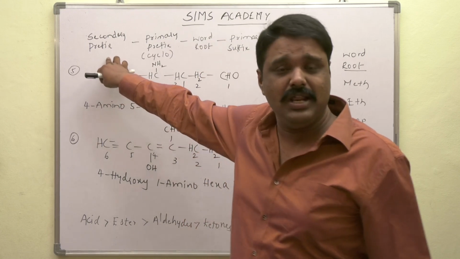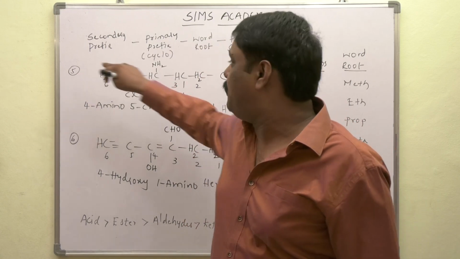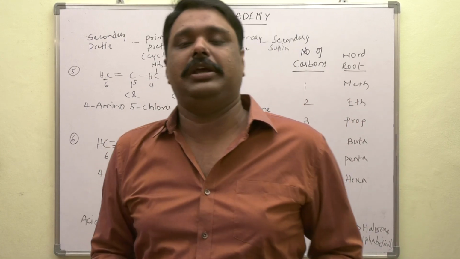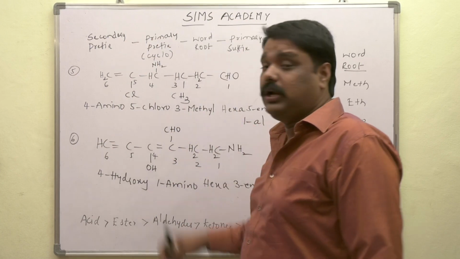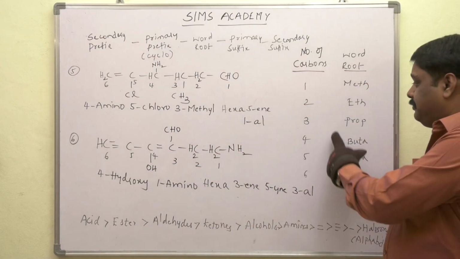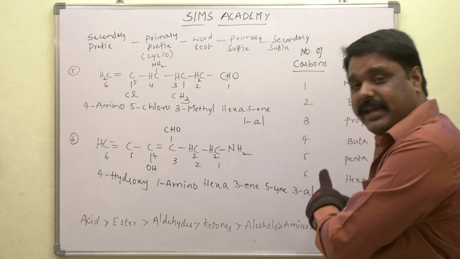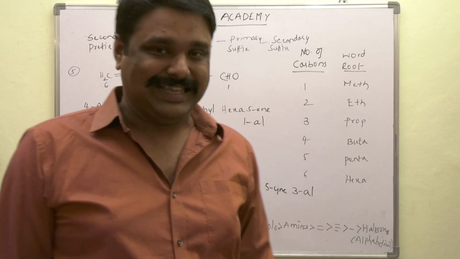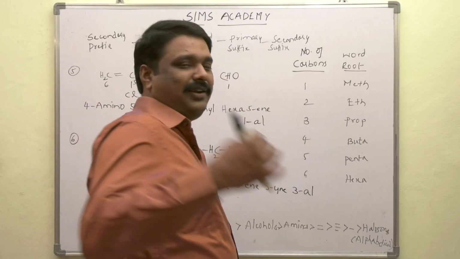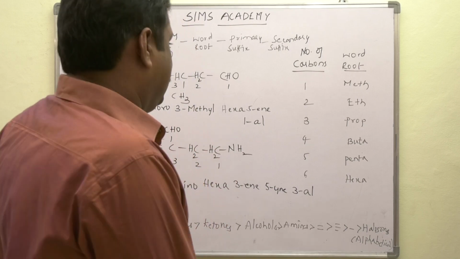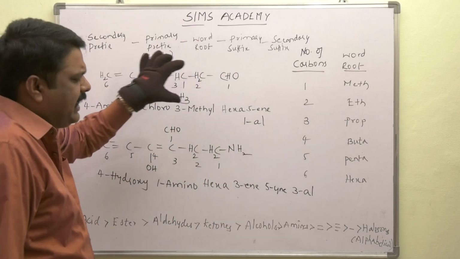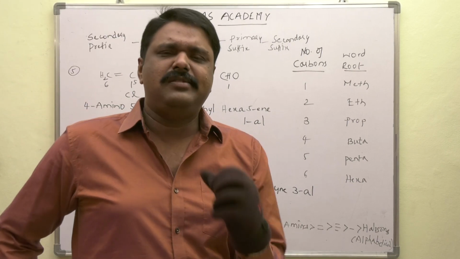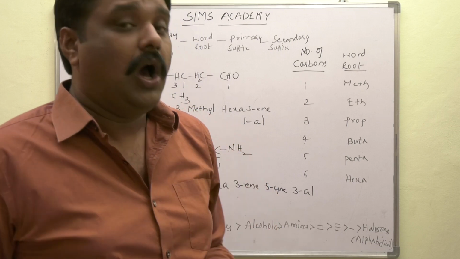Secondary prefix deals with the substituents of the organic compounds. Next, primary prefix always deals with whether the given organic compound is cyclic. Next, word root depends upon the number of carbon atoms. If we have 1, the word root given is meth, 2, eth, 3, prop, 4, but, 5, pent, 6, hex, 7, hept, 8, oct, 9, non, 10, dec, etc. If we remember these things, we can easily write the name of an organic compound.